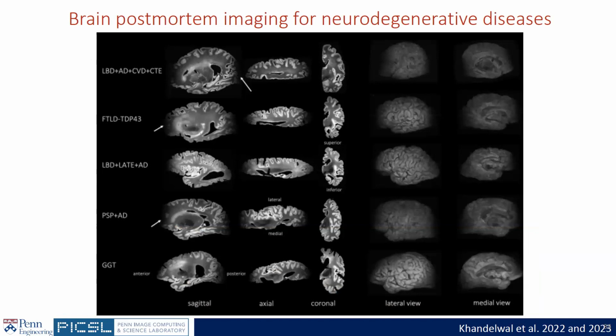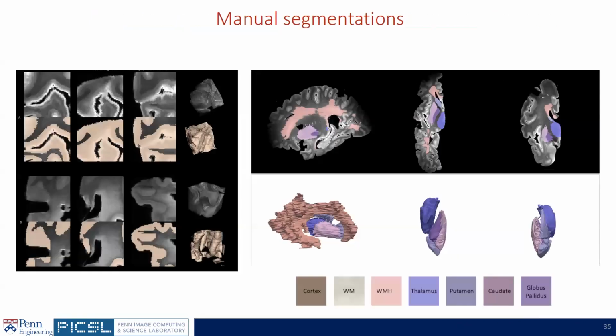I'll try to show you how we came up with methods using nnU-Net and other architectures to segment other structures in these images as well. On our data set of around 140 specimens, we trained the models using manual segmentations and then used different variants of nnU-Net to segment the different structures in the brain.